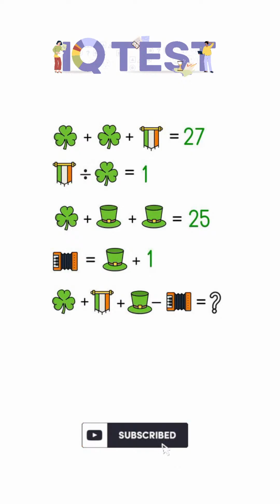So that violin kind of thingy will be the heart plus 1, which is 9. I agree. Accordion is 9, exactly. So the clover, which is 9, plus the flag, which is 9, plus the heart, which is 8, minus the accordion, which is also 9.